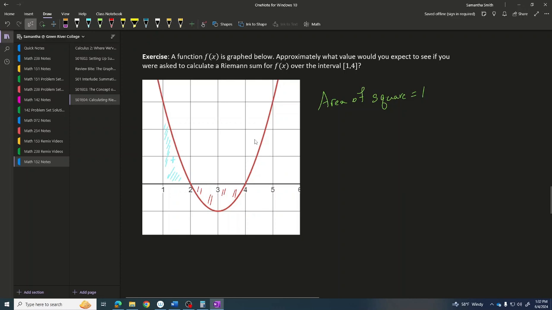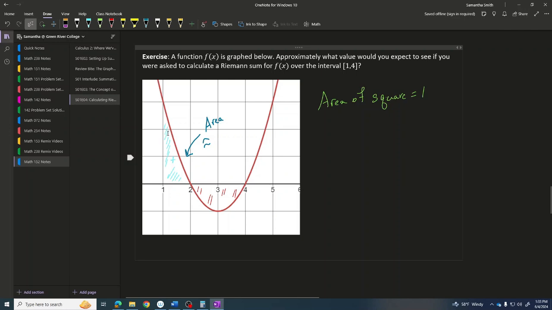For example, look at this positive portion here on the left side. If I wanted to estimate the area, then I would say, okay, this portion down here is a little bit less than 1 full square. If I combine that with this portion up here, this little triangular looking bit, then this little piece combined with this little piece probably together are making up, roughly speaking, 1 full square, 1 full unit of area.